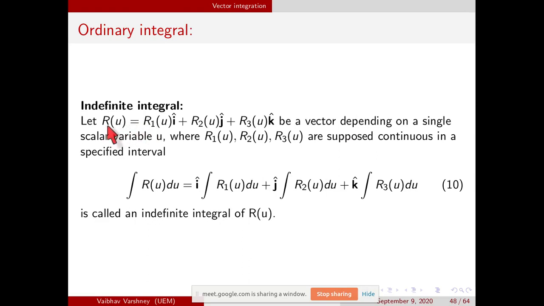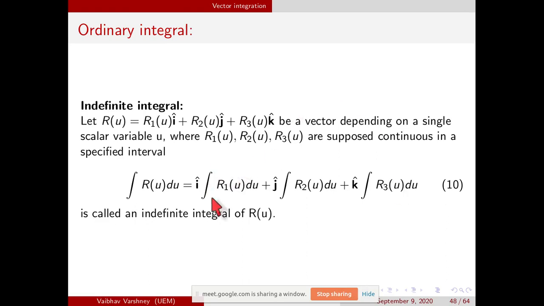So if there is any vector r of u, which we can write as r1 of u i cap, r2 of u j cap, r3 of u k cap, and this vector depends only on u, means if we change u, then all three components are changing. If we are calculating the integral of r of u, then all three components will be integrated separately, like in case of derivative, all three components are differentiated separately.